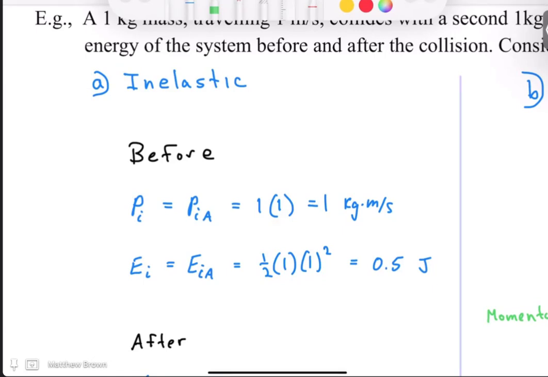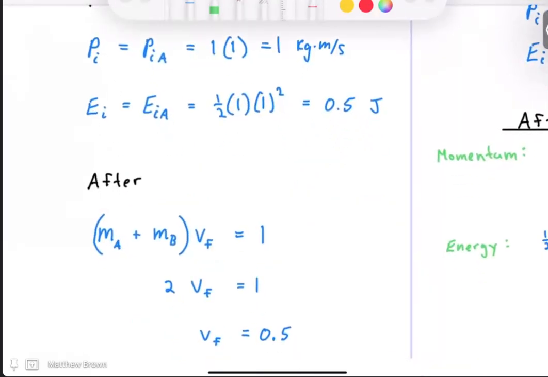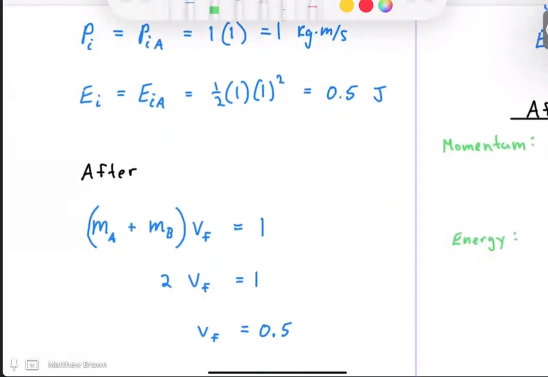And then after, remember, perfectly inelastic collision means they stick together. So now we basically have a 2 kilogram mass traveling, and we're not really sure at what velocity. So we can use momentum. We can say the momentum before has to equal the momentum after.